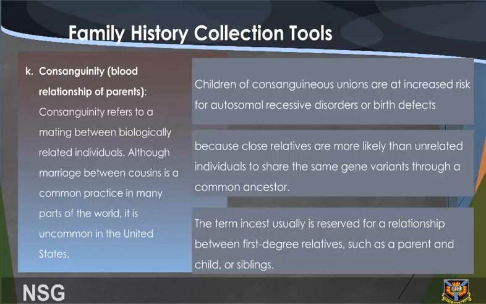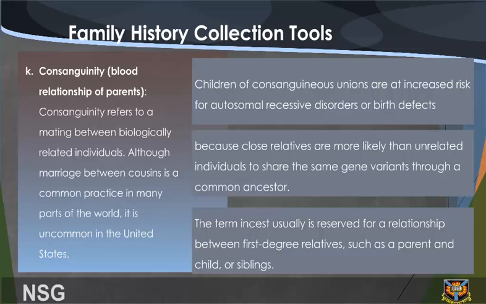K. Consanguinity, blood relationship of parents. Consanguinity refers to a mating between biologically related individuals. Although marriage between cousins is a common practice in many parts of the world, it is uncommon in the United States.